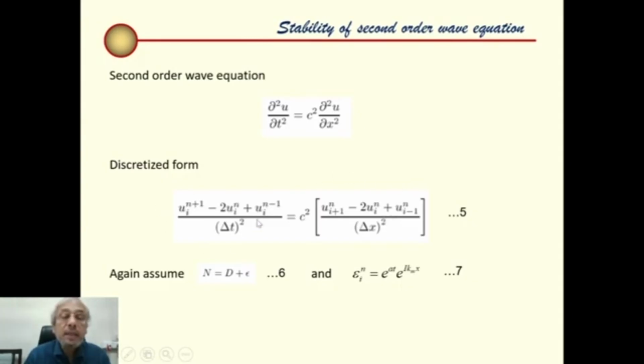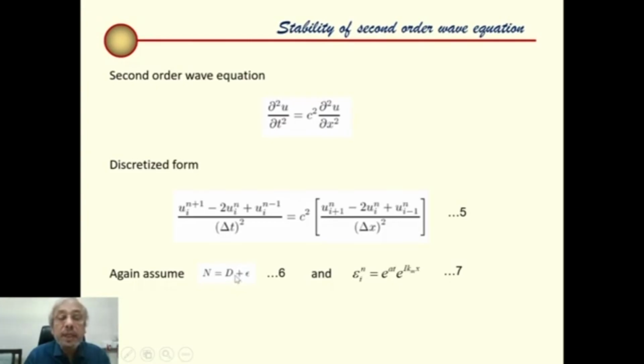Then if this n is the solution of this equation, then equation 5 is satisfied by n. If u is replaced by n, then if n is replaced by d plus e, d is the ideal solution of the finite difference equation without any rounding error, which is physically not possible.